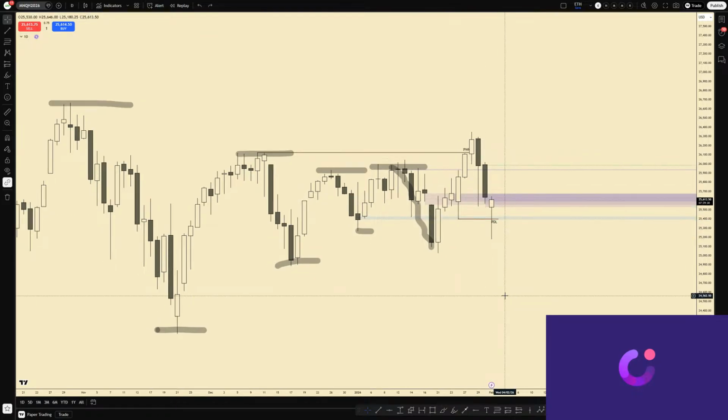So currently the higher time frame is range bound, and what I try to be careful about is not getting caught in reversals.